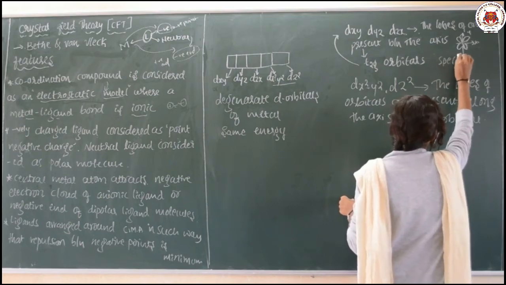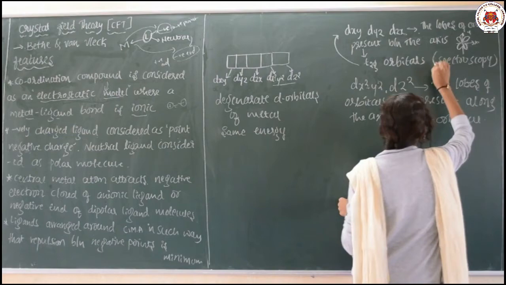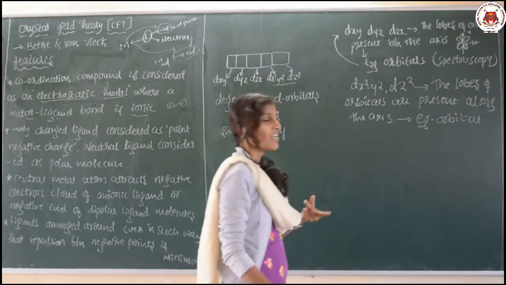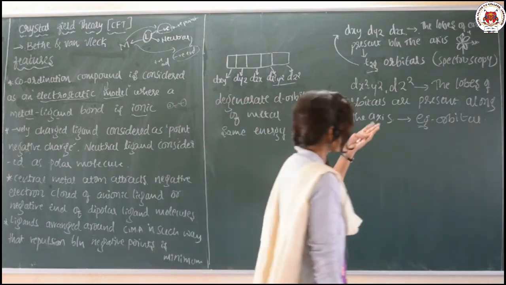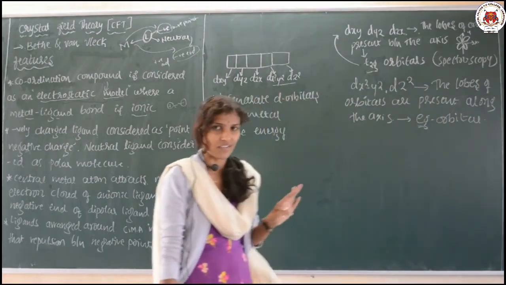Spectroscopy is also a branch of chemistry. So you need to remember this. T2g consists of dxy, dyz and dzx. Eg consists of dx square minus y square and dz square.